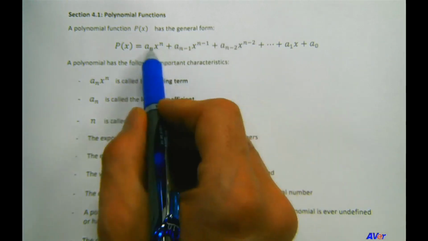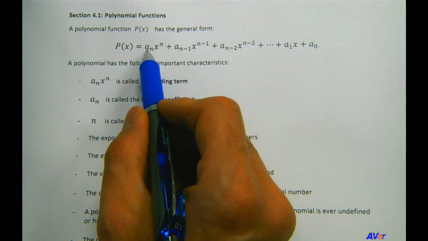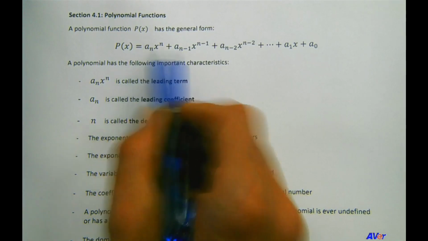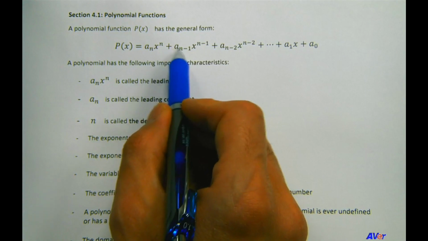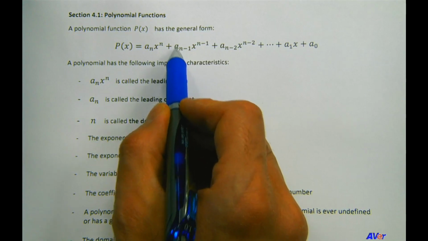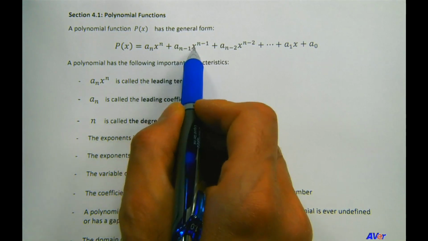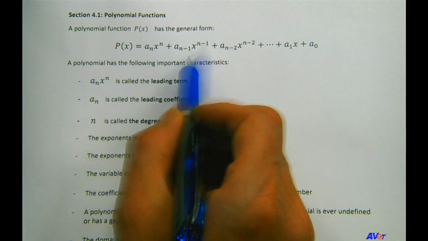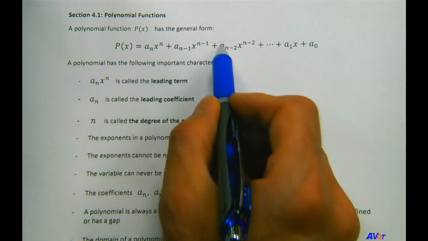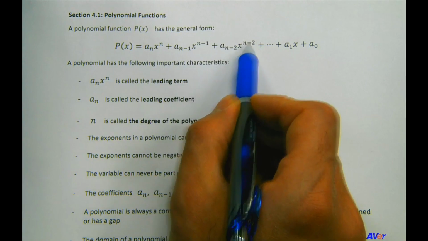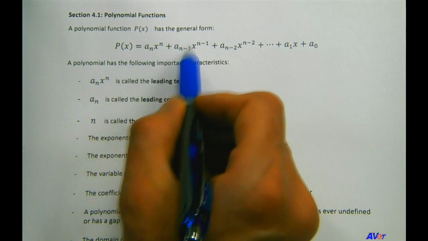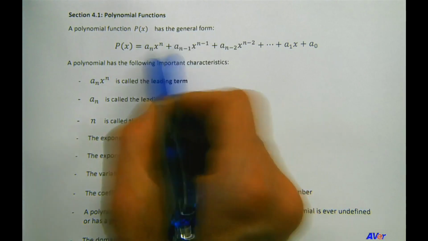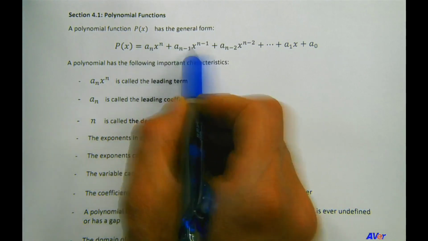And then these coefficients, termed a sub n minus 1, are just indicating the coefficient of the x term that has the power n minus 1. Coefficient of the x term that has n minus 2. This is just a mathematical way of referring to the coefficient of each term.